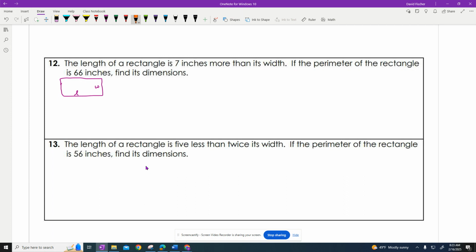The length of the rectangle is 7 inches more than the width. So this one's just going to be W plus 7. The perimeter of the rectangle is 66 inches. Oops, not equals. All right.